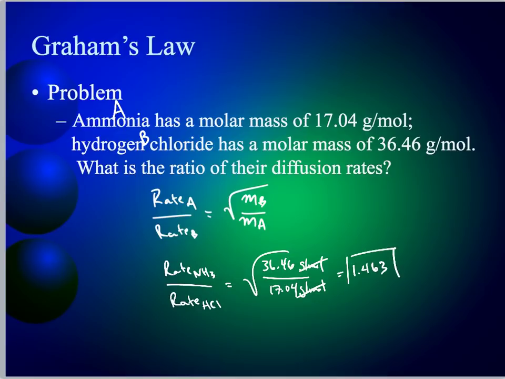There's no units associated with this. What this means is that ammonia moves 1.463 times faster than HCl. If you wanted to, you could write this over 1, and all that shows you is that HCl's rate is 1 relative to ammonia's, which would be 1.463. So it's just telling you how much faster one gas is moving than the other.